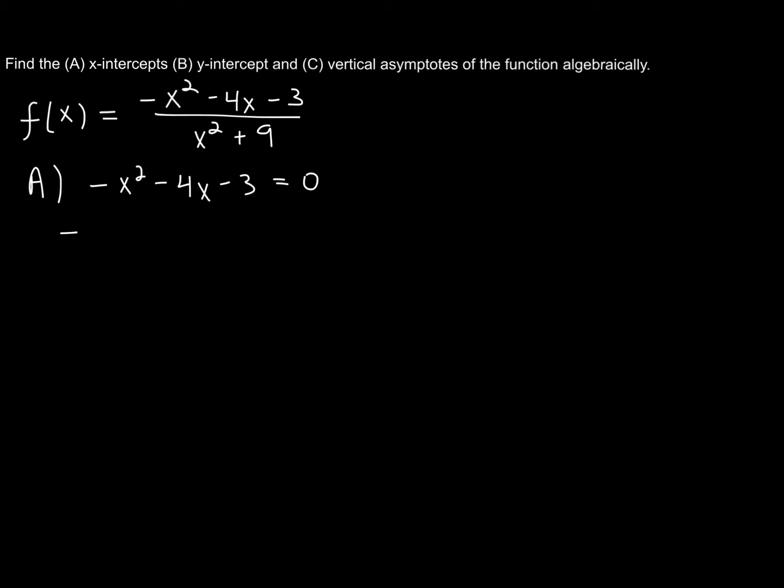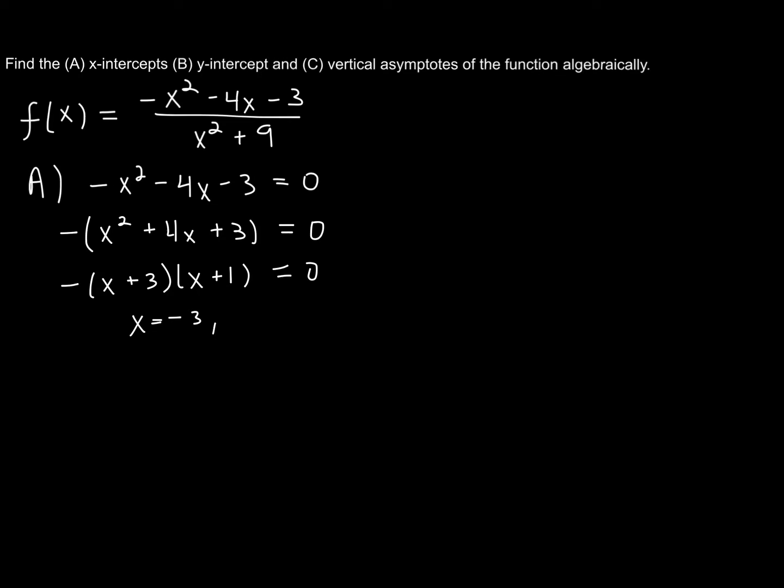I can use the quadratic formula, but I could also factor fairly easily. I have this negative out front, so I'll factor that out. What I'm left with inside is x squared plus 4x plus 3 equals 0. Now I can factor, and this factors rather nicely: x plus 3, x plus 1 equals 0, and therefore x must be equal to negative 3 or negative 1.